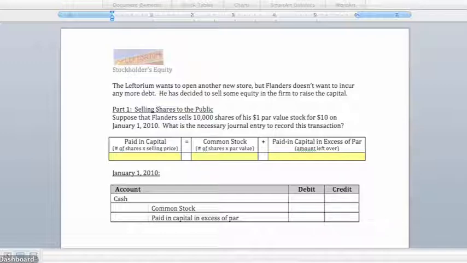Before we get started, let's review a little bit of terminology related to the sale of shares to investors. So paid-in capital ends up being the amount of money that stockholders pay in exchange for a piece of the firm. This will end up reflecting the amount we sell the stock for, which is going to be based on the market value of the shares. Common stock ends up being money that is set aside for the protection of creditors.